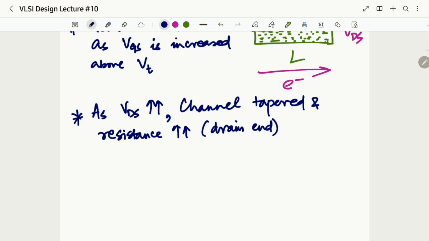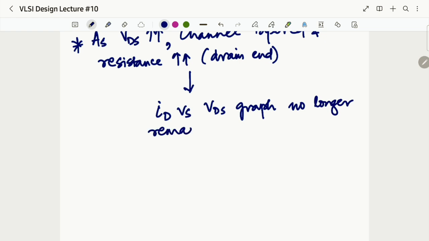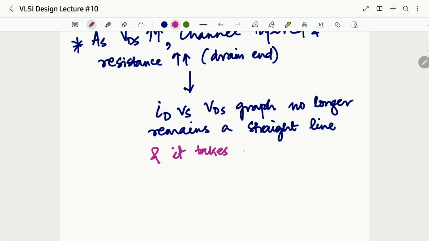Because of this, the ID versus VDS graph no longer remains a straight line, and it takes a bend.